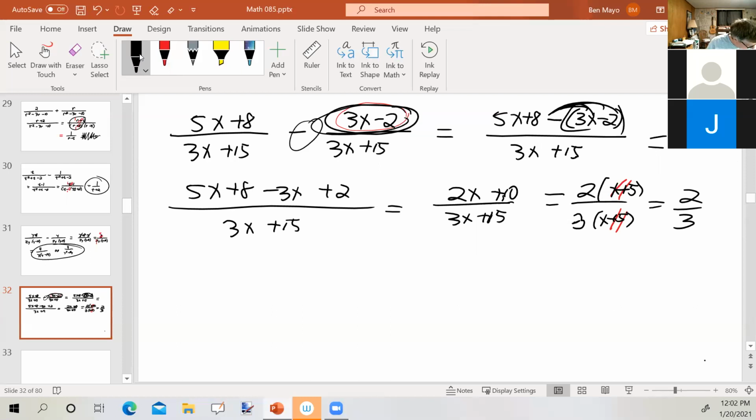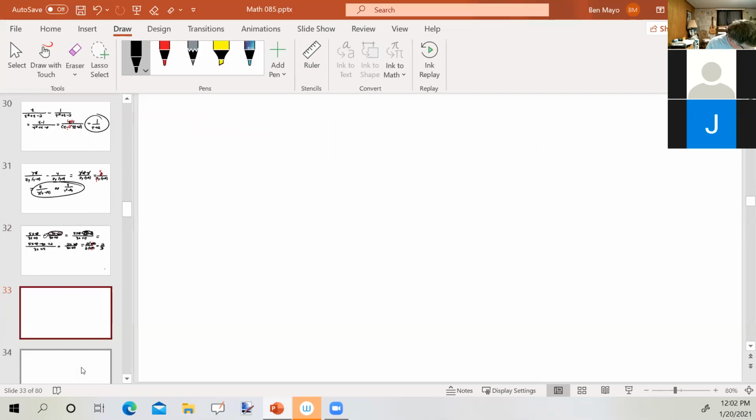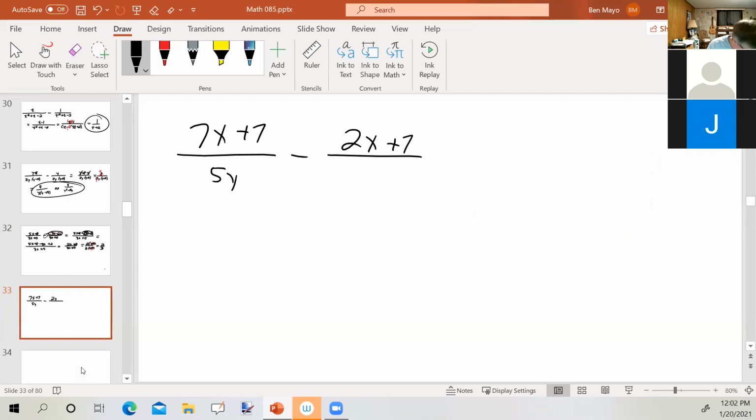Okay. Now, let's do one more of those. Let's say I've got 7x plus 7 over 5y minus the quantity 2x plus 7 over 5y.